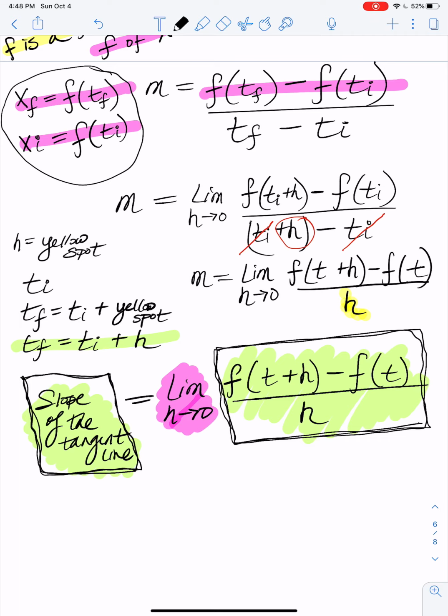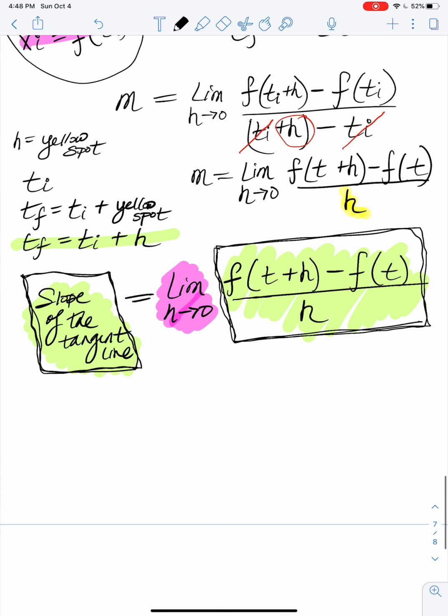And here's the final awesome thing: if this function is a function of time, f of t, you could also write that this is equal to the function's derivative when it operates on time.